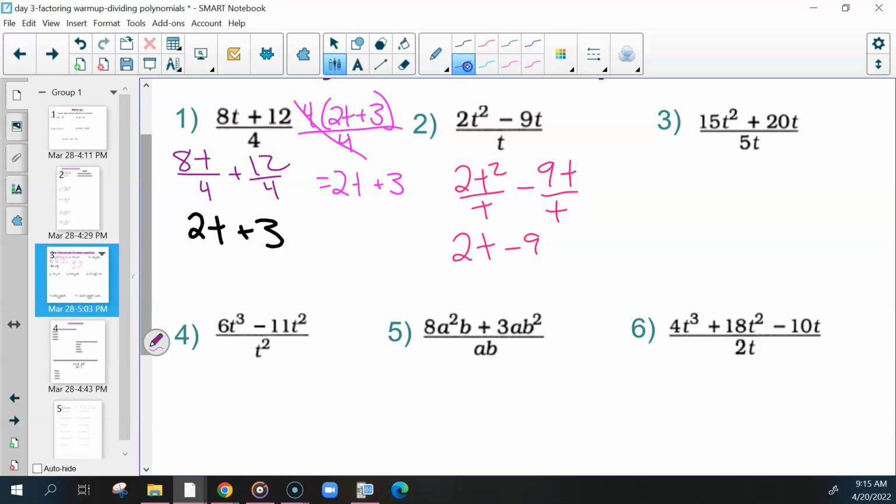If we were to factor out what these have in common, what do these have in common? 1 and something else. T. We divide out a t, what's left? If I'm dividing everything by t, those t's cancel, just leaving 2t minus 9.